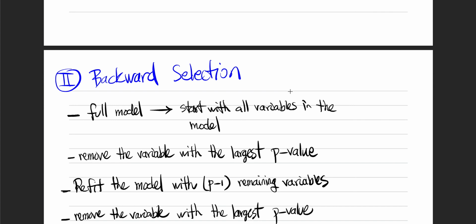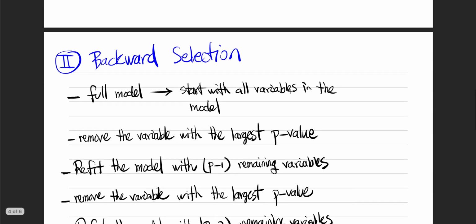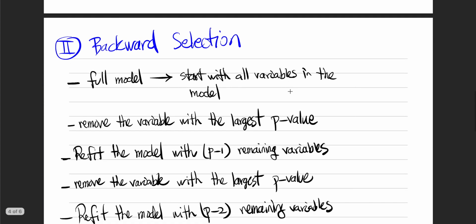But anyway, let's imagine that the number of variables is not larger than the number of observations.